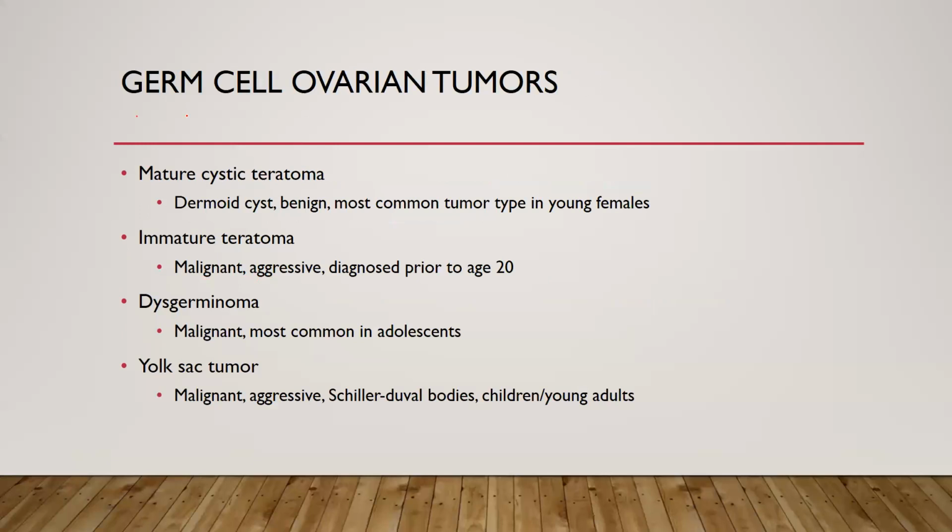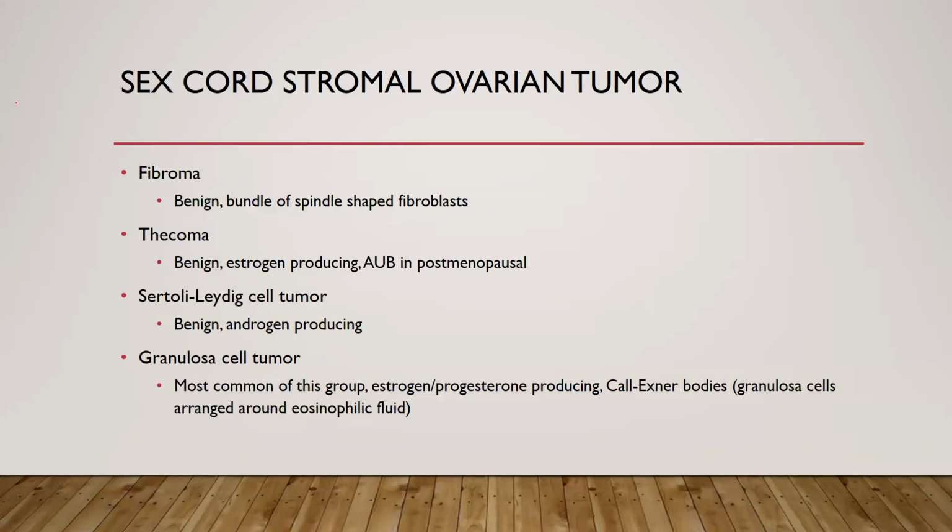Of your germ cell ovarian tumors, I would know your immature teratoma because this is malignant and aggressive. Of your sex cord stromal ovarian tumors, I would just know the granulosa cell tumor. This is the most common of the group, produces estrogen and progesterone. So just 4 tumors I would commit to memory if you can.